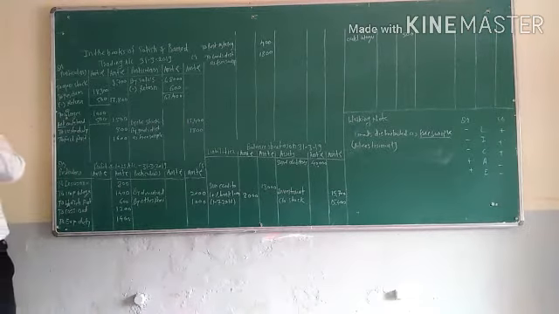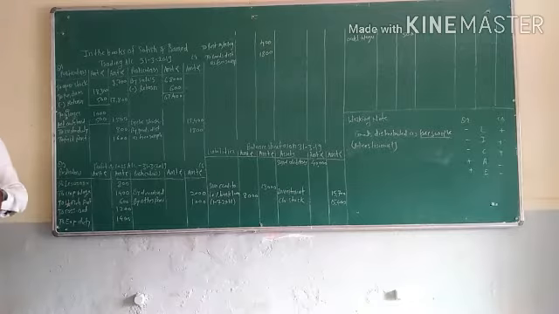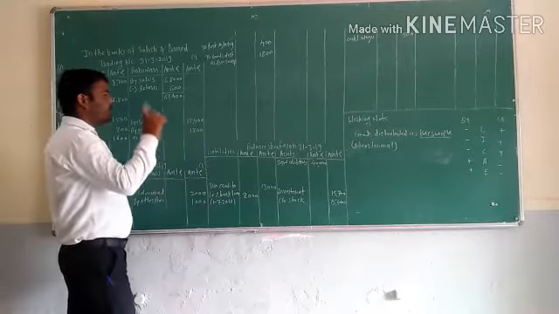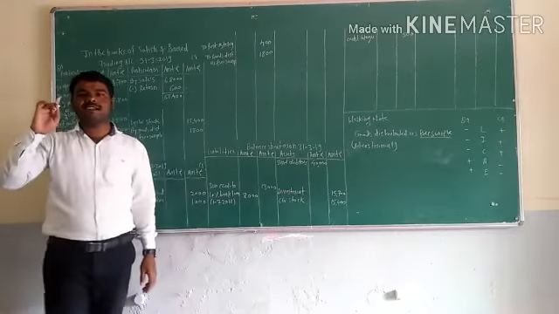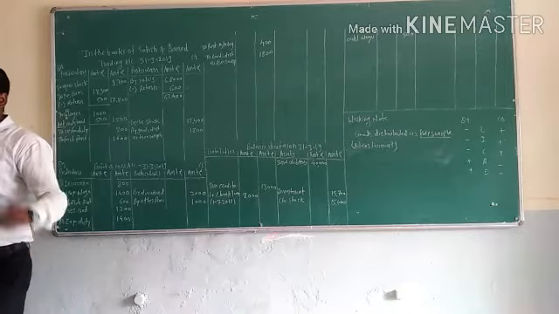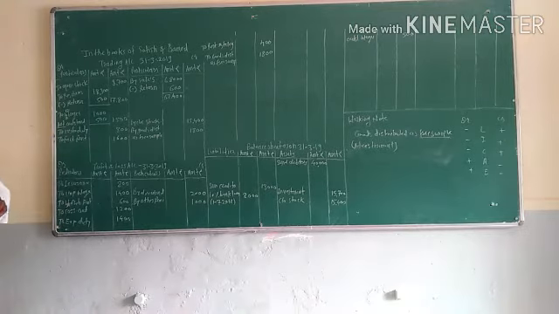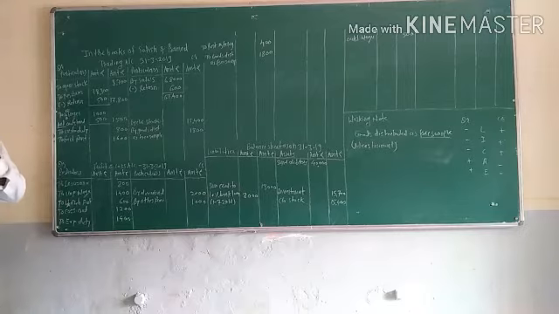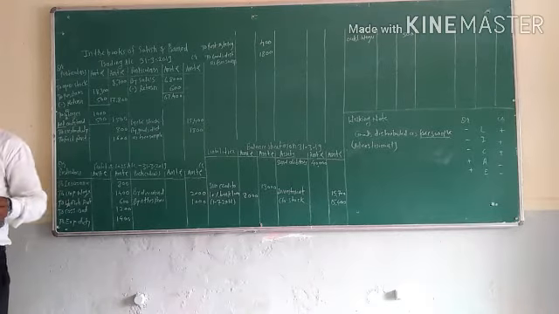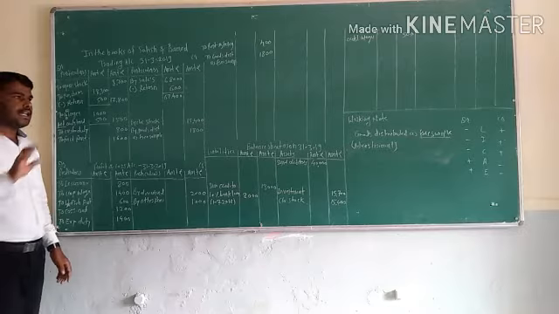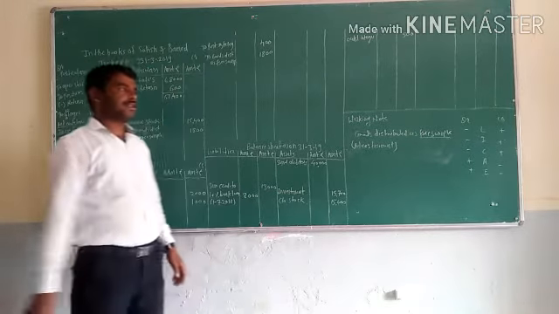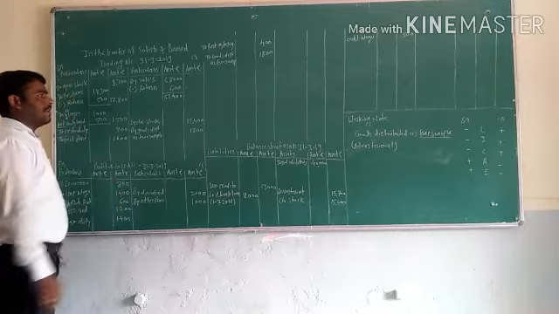Now the fifth adjustment: goods of rupees 2,000 were sold and delivered on 31st March 2019, but no entry was passed in the books of account. So there are two effects.